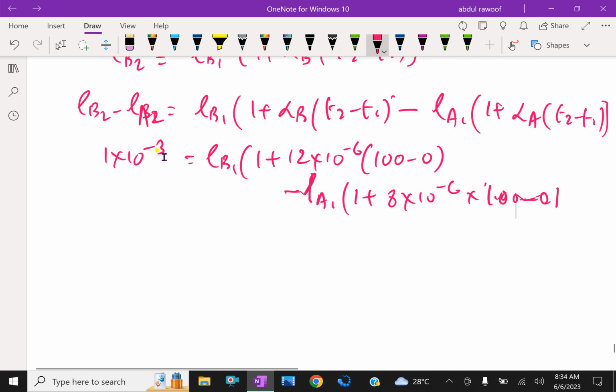Now, therefore, 1 into 10 power minus 3 equals LB1 times 1 plus 12 into 10 power minus 6 times 100.